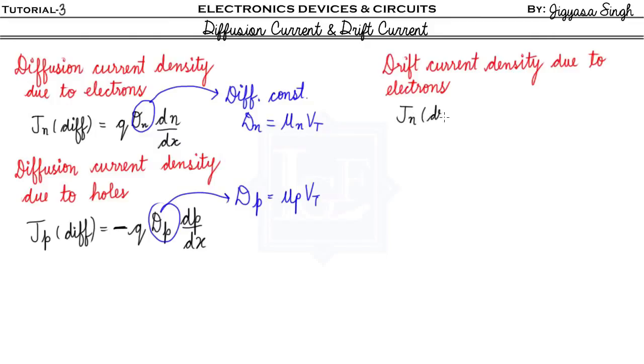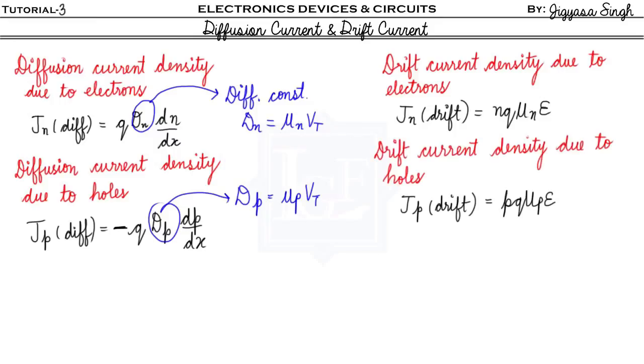You have to write in bracket drift so that we don't get confused about what we are writing for. This will be n q mu n into the electric field, right? Similarly, drift current density due to holes will be given by p q mu p into E. Now if I'm asking you to calculate the total current density, then what should I do? I should simply add both of them, right?